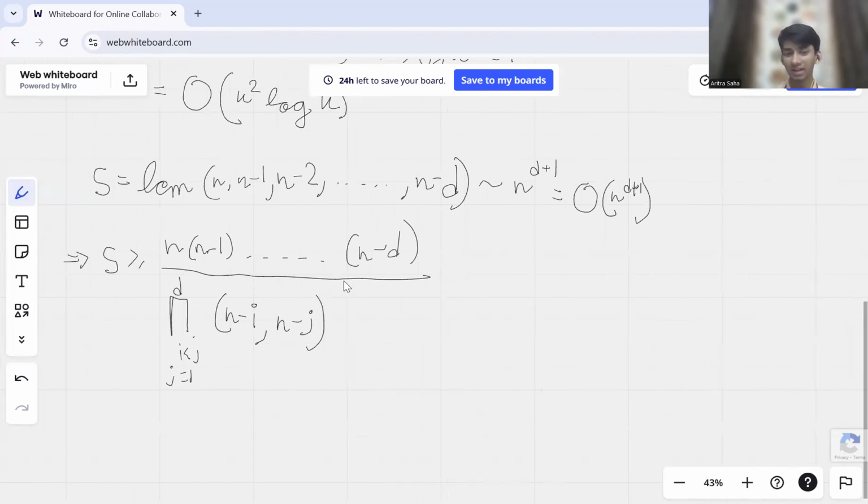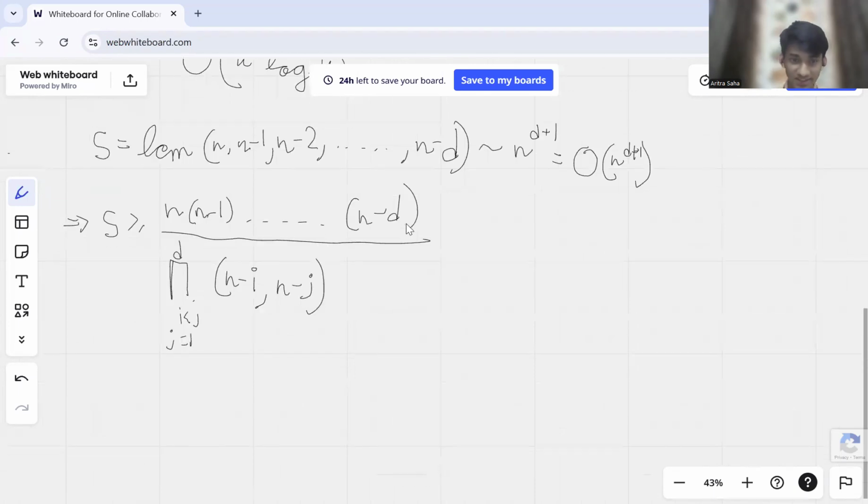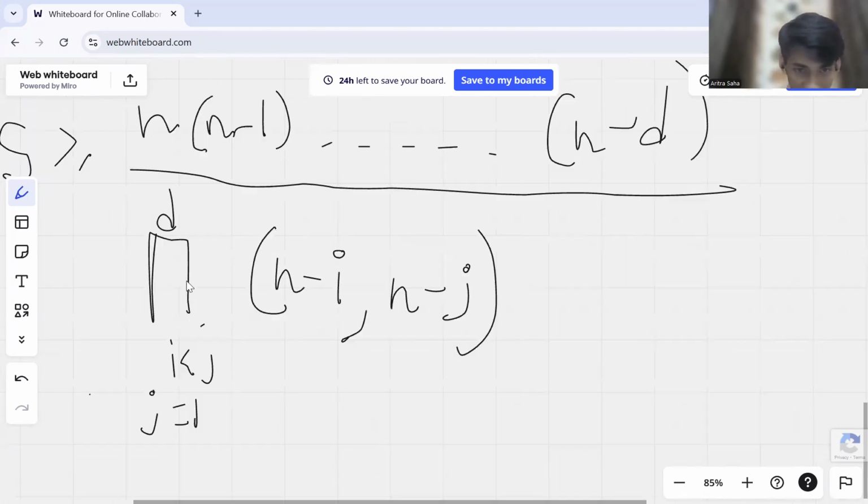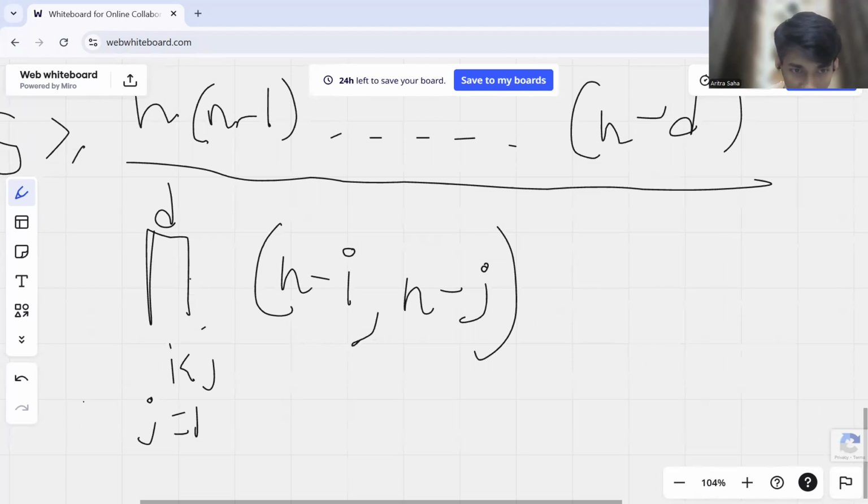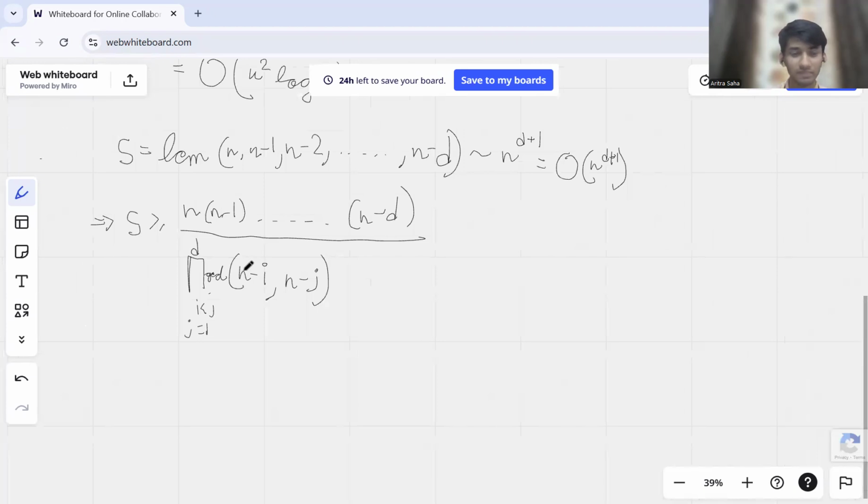From here, can we simplify the lower term to be something more interesting, which will help us? What is the GCD? Okay, I should probably write GCD here. The bracket means GCD. Okay. What is the GCD of n minus I, n minus j?